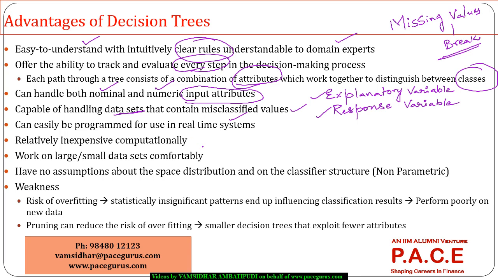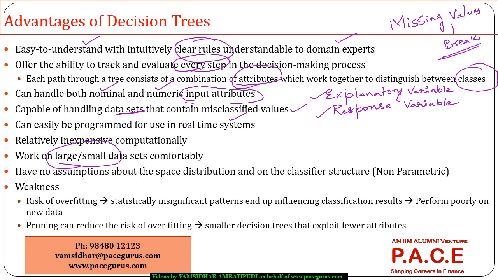Compared to various other models used for similar purposes, like neural networks and support vector machines, decision trees are computationally inexpensive. I can use them quite comfortably on large data sets or on very small data sets as well.